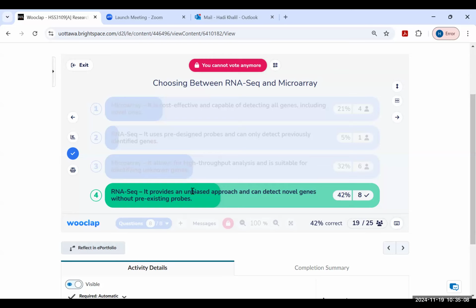RNA-seq can provide an unbiased approach because you can take all the RNA, including microRNA, long RNA, any type of RNA, and you can detect any genes, including novel ones and already known ones. That's the powerful usage of RNA-seq compared to microarray, because in microarray you are limited to the number of genes that you can study.